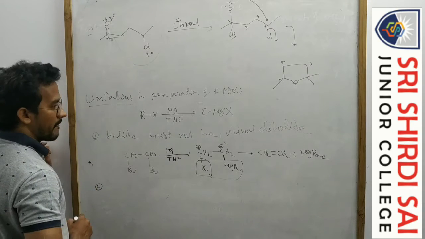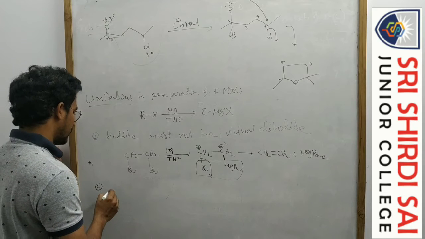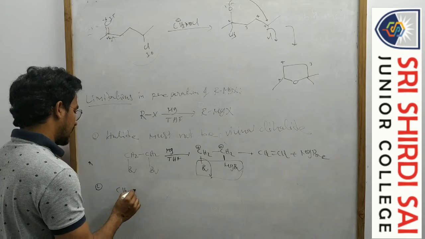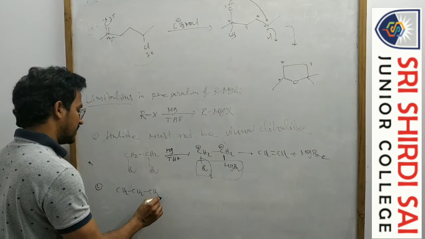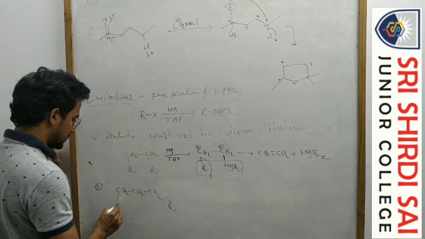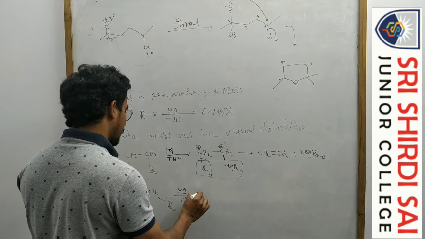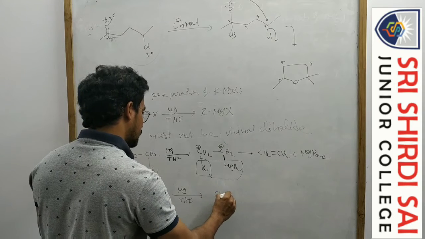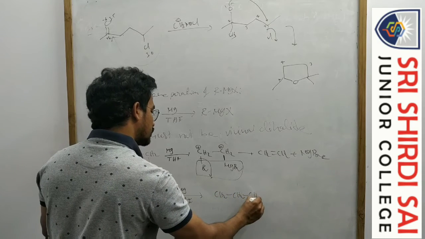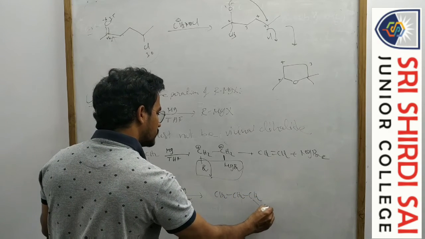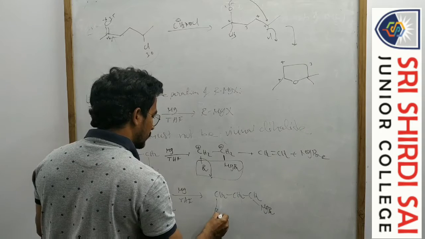And the second one: if it is a 1,3 dihalide, with Br at both ends, treated with magnesium in tetrahydrofuran, we get CH2MgBr and the other Br.